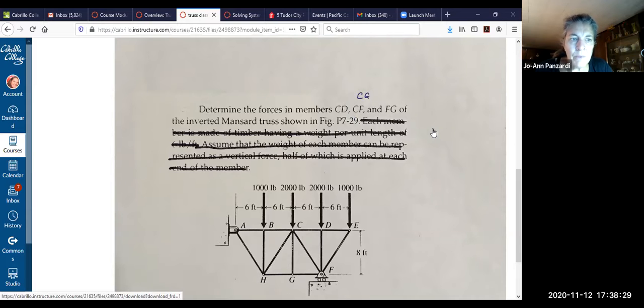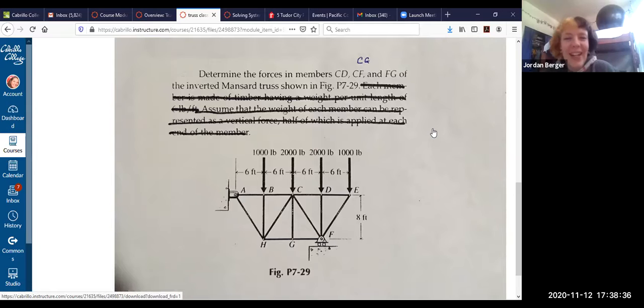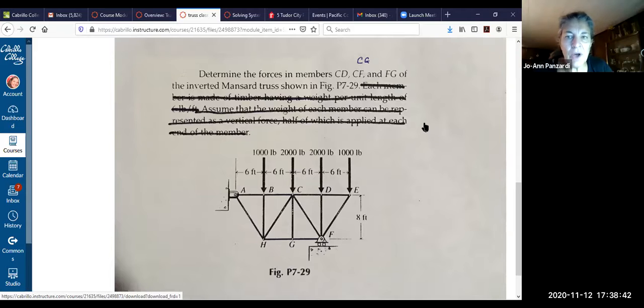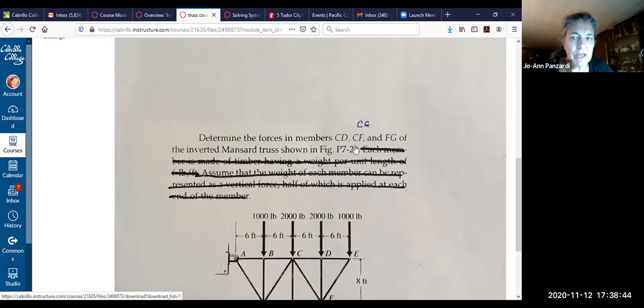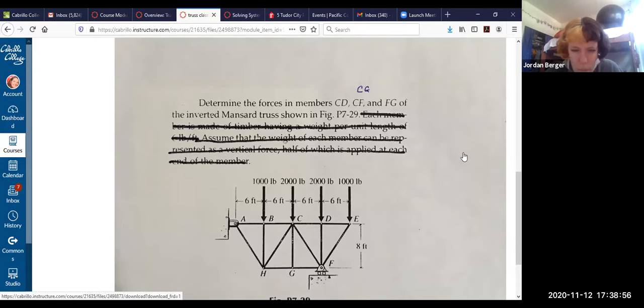And what's the first step in a method of sections? What do we do? Method of sections, would we look for the 0 force members? Yes. So they only want us to know about these 4. Are any of these 4 0 force members? No. Try again.